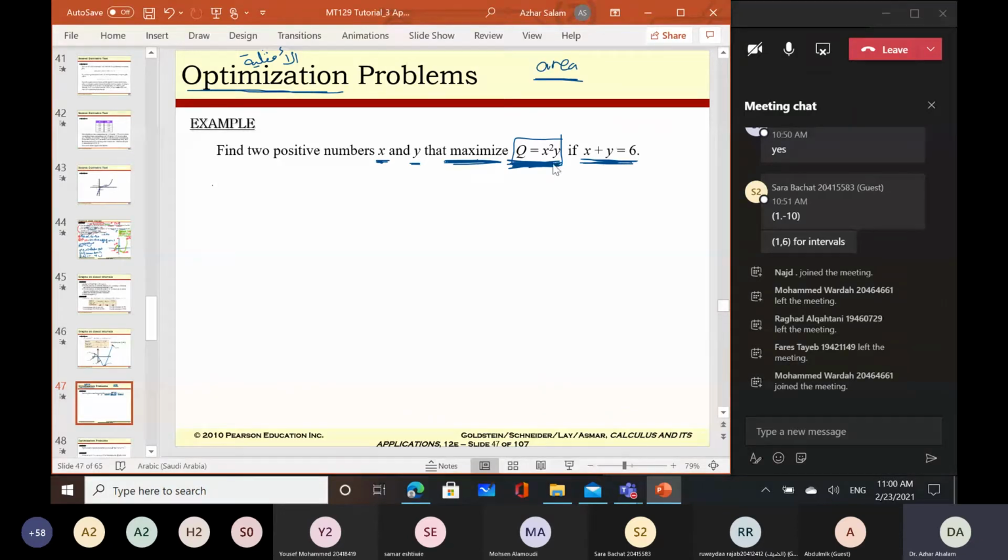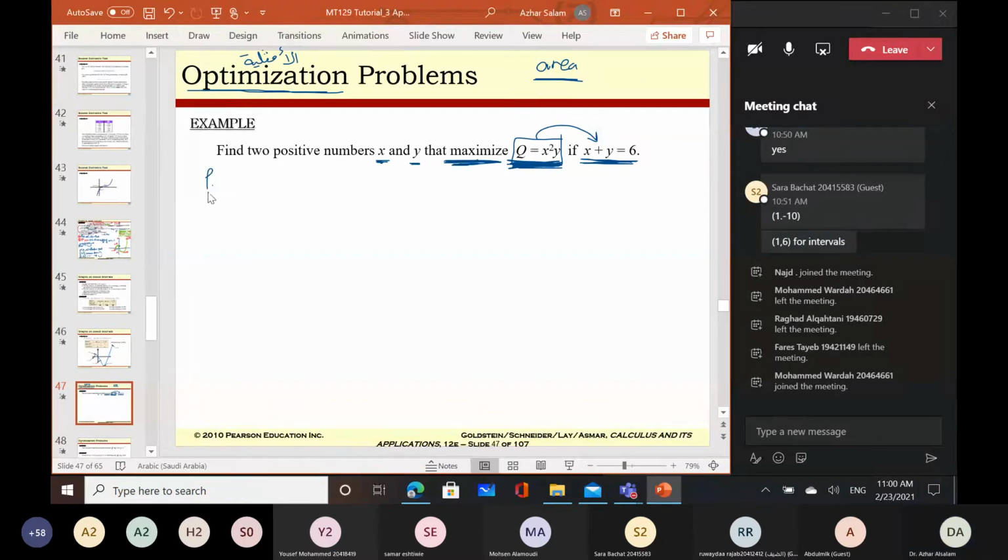So I find the first derivative for this function to find its maximum. But here I have two variables, so I can't differentiate. I must have only one variable.